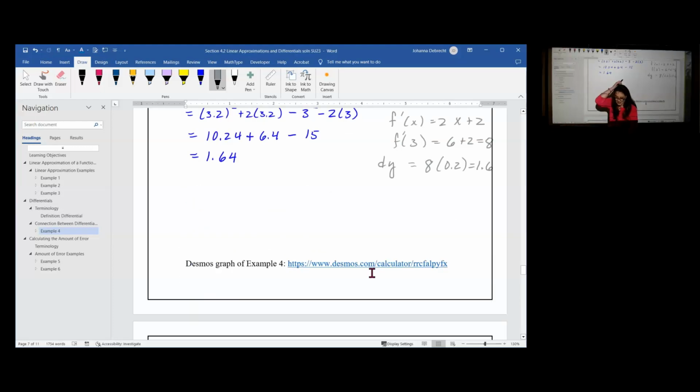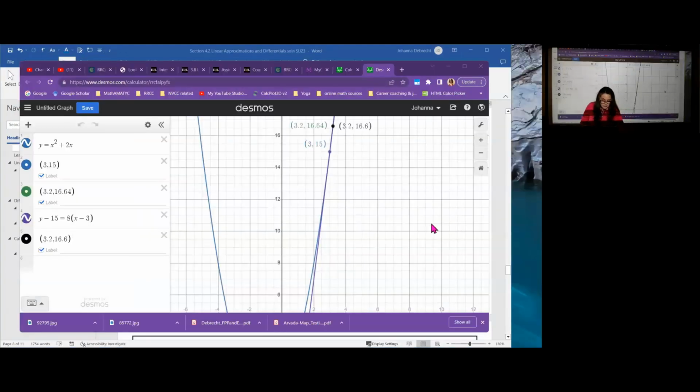Before we get to calculating error, let's take a look at this particular picture, which demonstrates the last example that we worked. You can see here in blue the graph of the original function, x squared plus 2x. The point we're interested in taking the derivative at is 3, 15, which is up here again in blue.